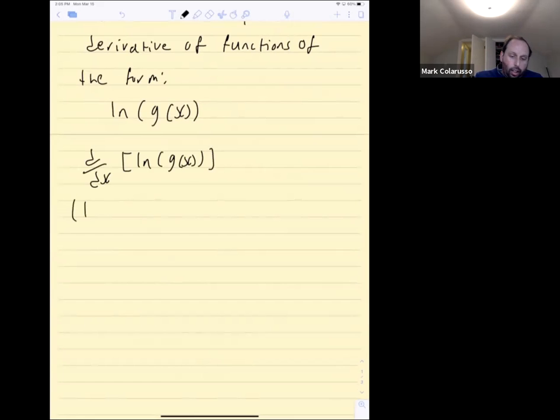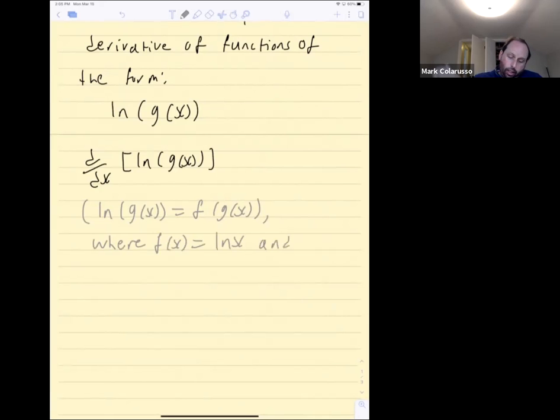Well, you recognize, I'll write this in gray, that ln of g at x is f composed with g at x, where f at x is ln x and g at x is g at x.